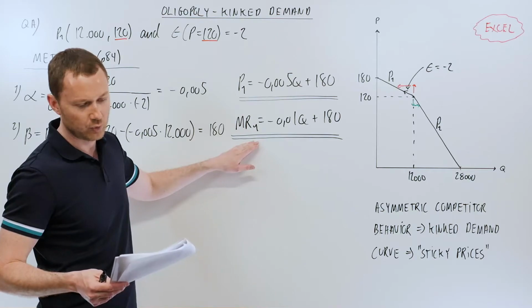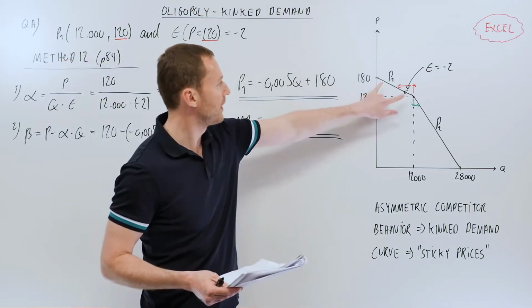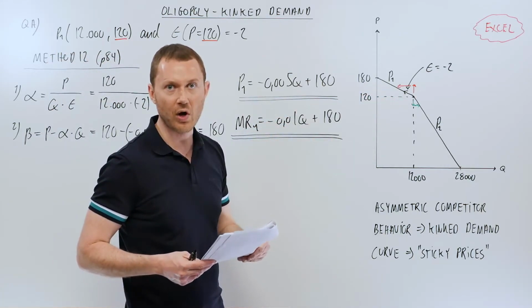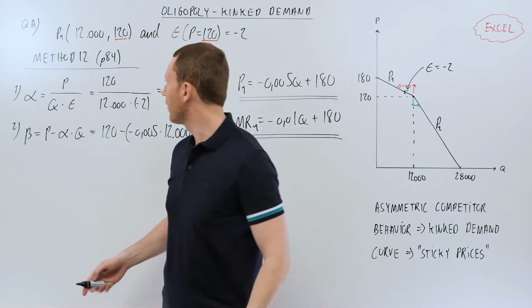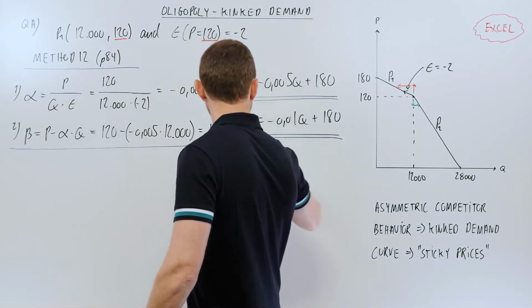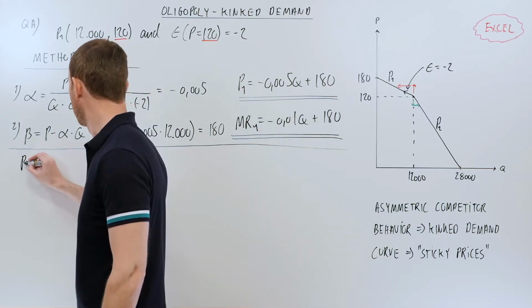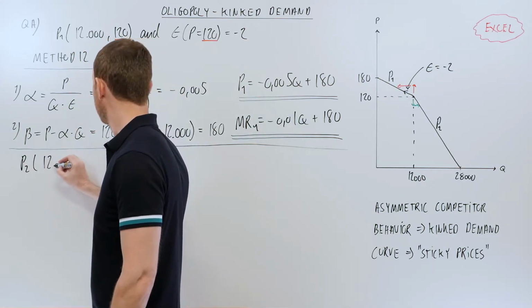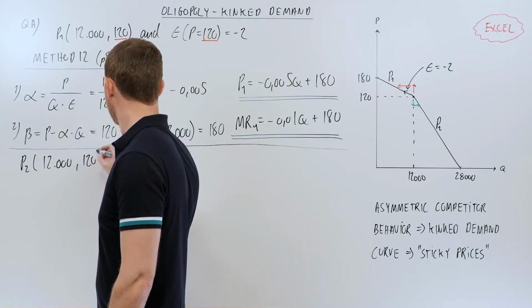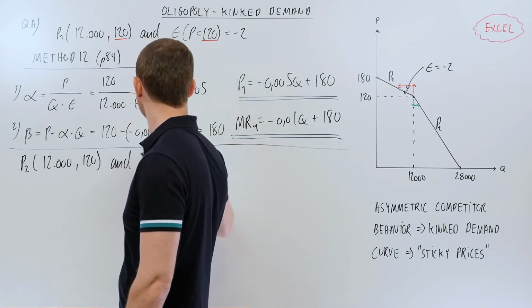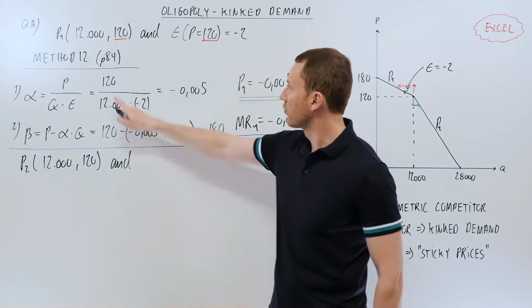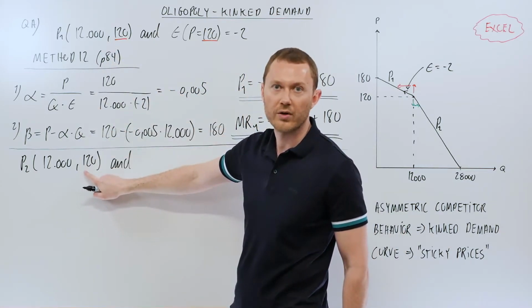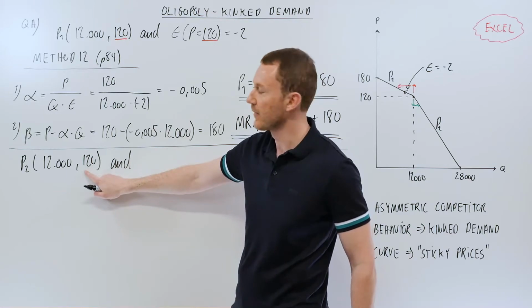So now we're finished with the first one, with P1. Then we move on to P2. In P2, we still have the point 12,000, 120, so that is the same.